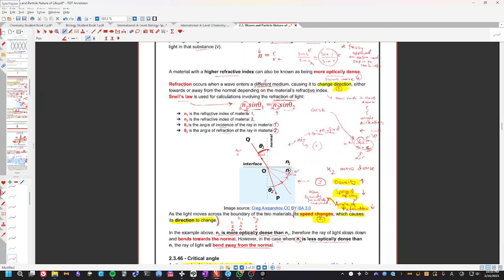Then we can use this Snell's law formula now to calculate that. So if we have n1 sine theta 1 equals n2 sine theta 2, that means sine theta 1 equals n2 sine theta 2 over n1.